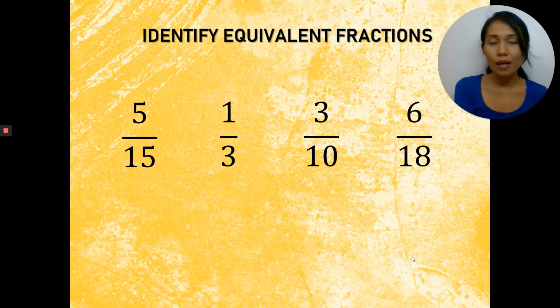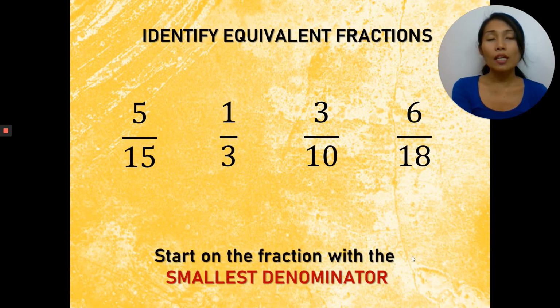You multiply and divide, or you just use multiply. Here's the trick. Start on the fraction with the smallest denominator. You always start with the denominator, the smallest denominator. The smallest denominator here is 3. So we'll start with 3.